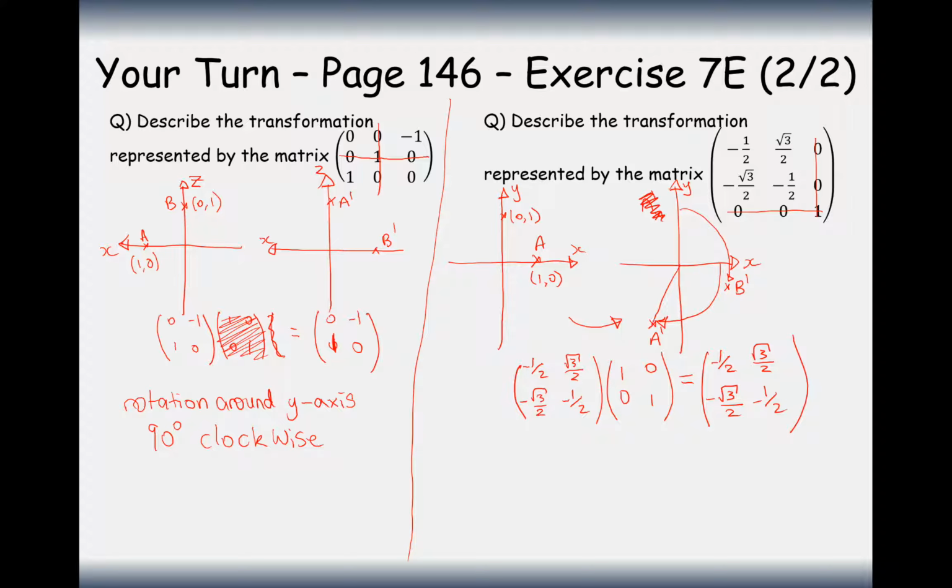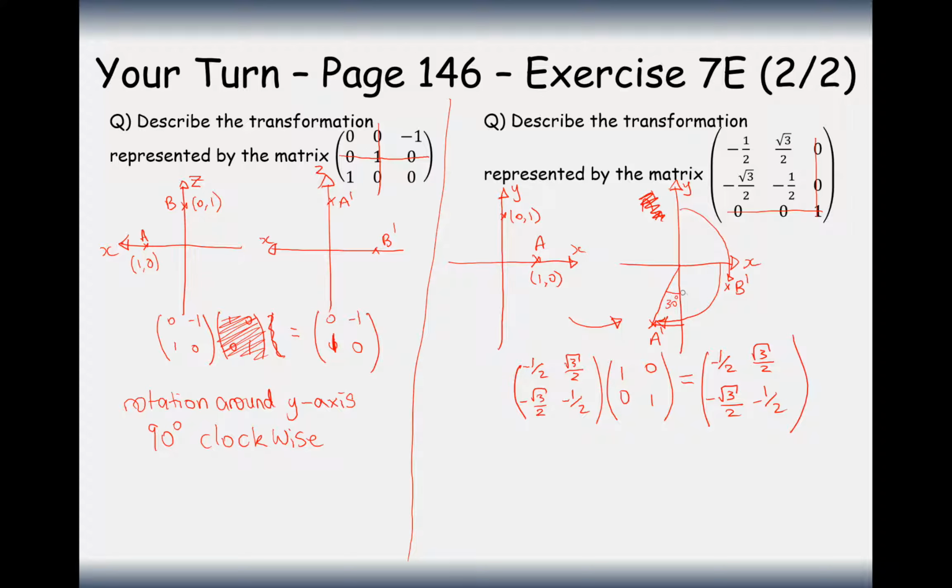I can clearly see that there is more distance going downwards than to the left, so I'm going to just assume here that that's 30 degrees. You could calculate it by a bit of trigonometry, but I know it's not 45 degrees because it would be the same. I know that the stretch going downwards is more than the stretch going to the left, so it's going to be 30 degrees.